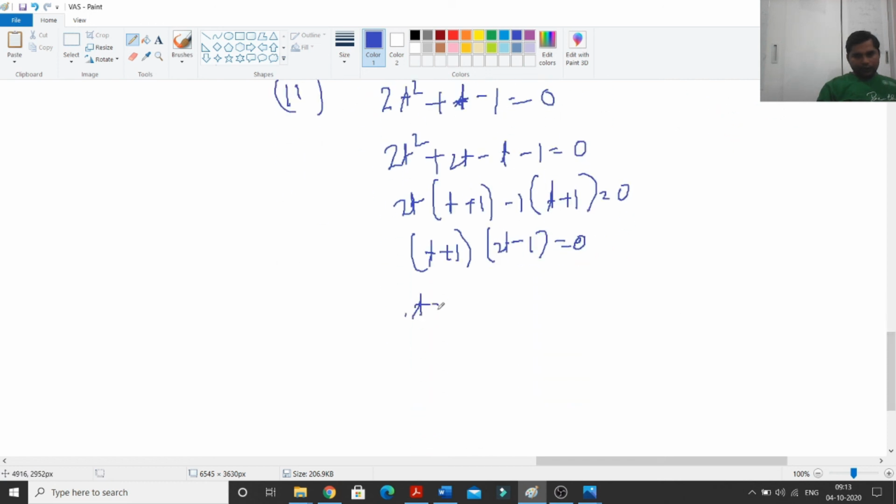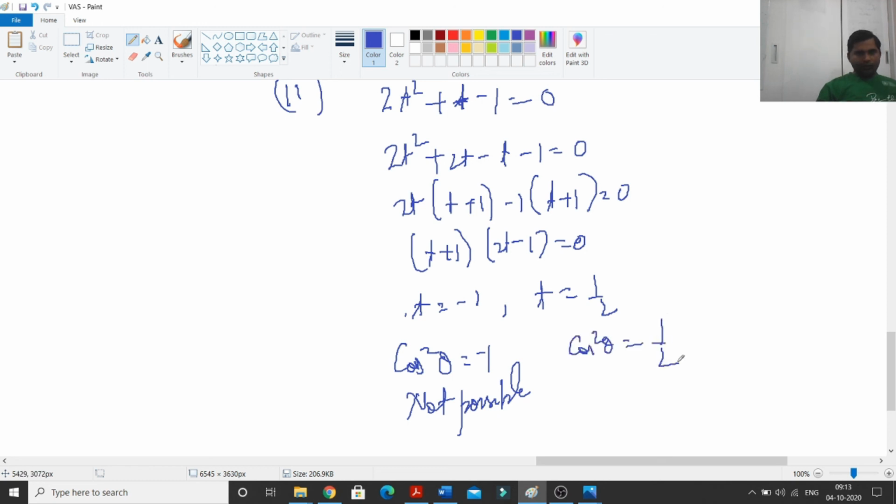So t equals minus 1 and t equals 1 over 2. t is minus 1 means cos square theta is minus 1. A square can never be negative, so not possible. t is equal to 1 over 2 means cos square theta is equal to 1 over 2. So that will give you cos theta as plus or minus 1 over root 2, right?